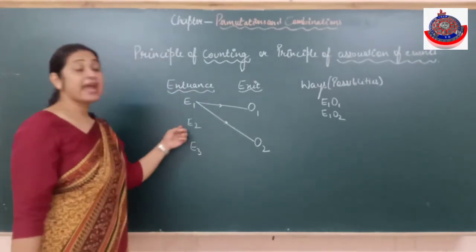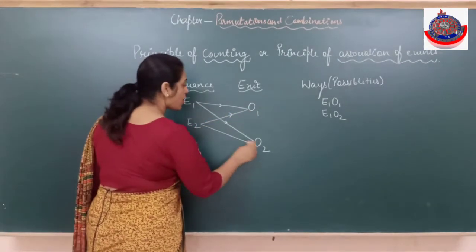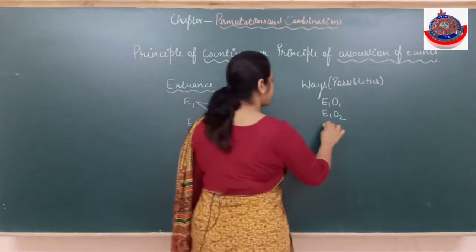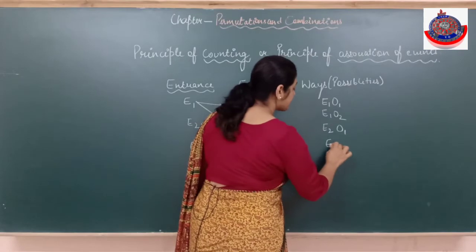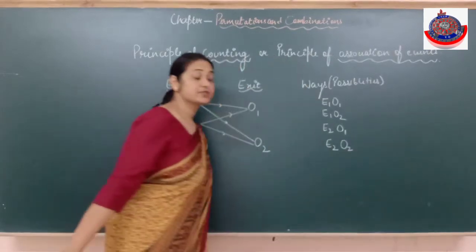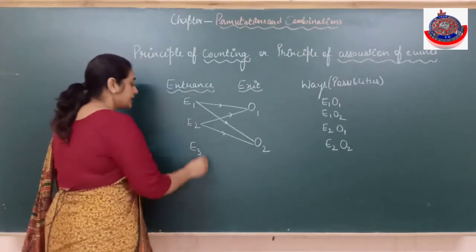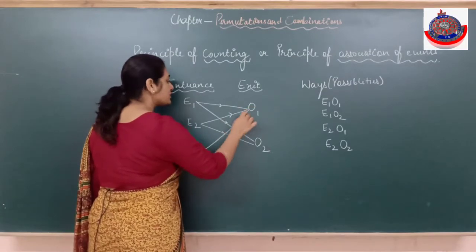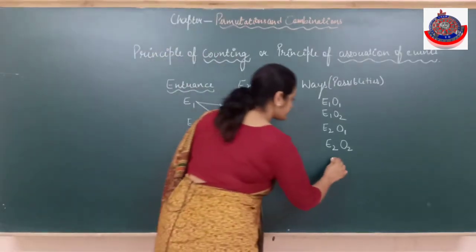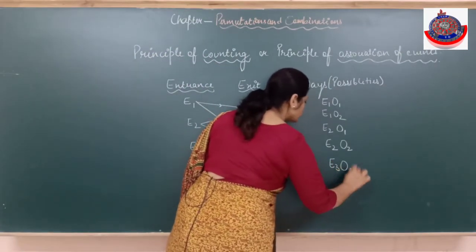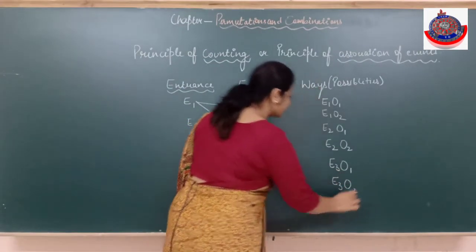Same way, suppose I enter by second gate, I can exit by the first or by the second. Clear? That's my option. Or I choose to go by the third gate. Then I enter with the third gate and exit with the first outlet, or enter with the third gate and exit with outlet 2.